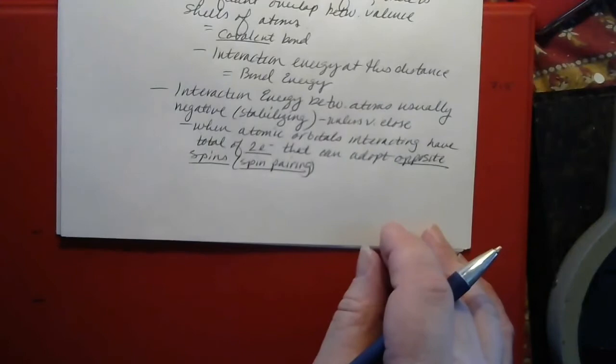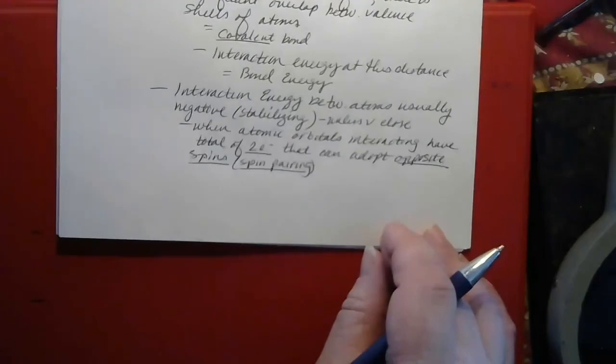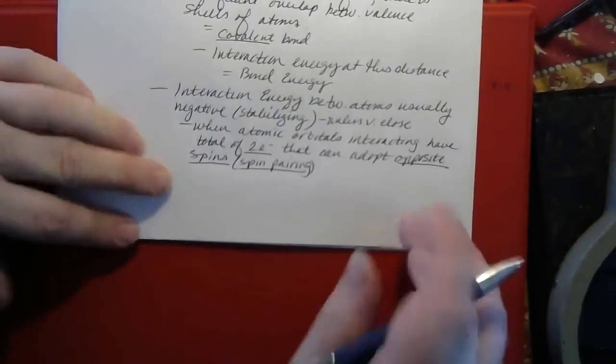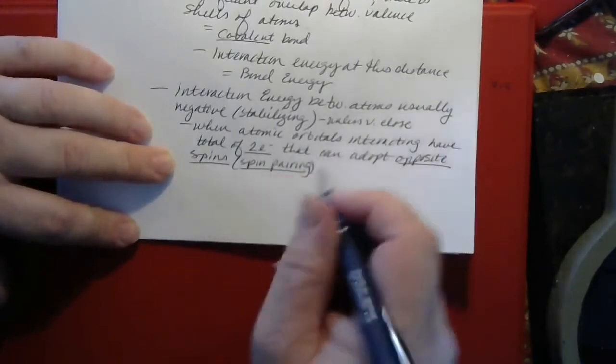They might both be spin up when they're in the isolated atoms, but if one of them is able to switch to spin down, they can then combine with each other in this new molecular orbital that's forming between the two atoms, and that would allow them to stabilize the situation.